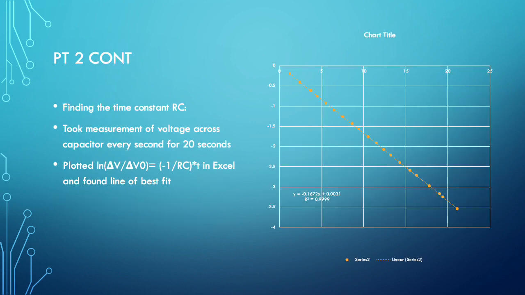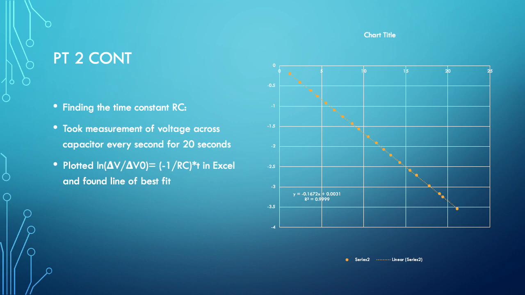To find the time constant, we can take measurements of the voltage across the capacitor at multiple instances of time. When we plot this, we can find the time constant. The way this was done was, we took a measurement of the voltage across the capacitor every second for 20 seconds.